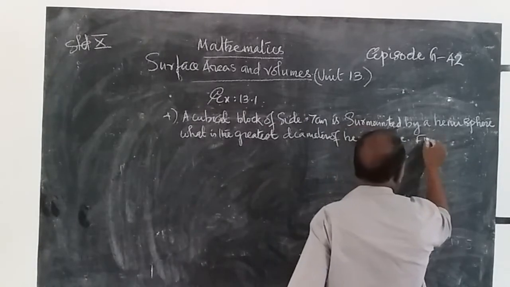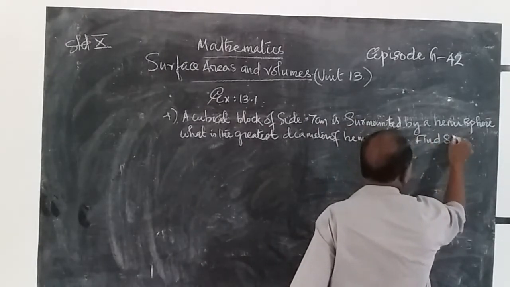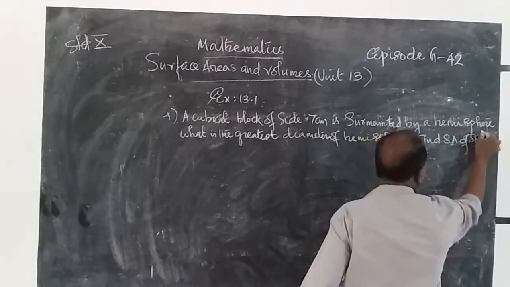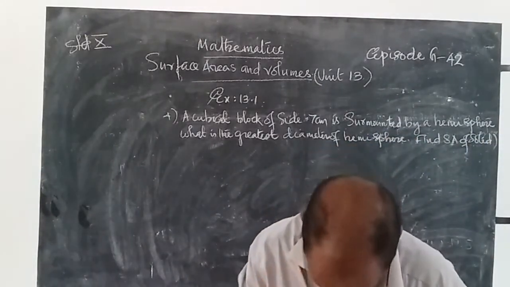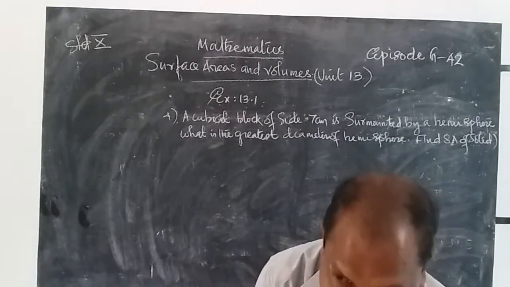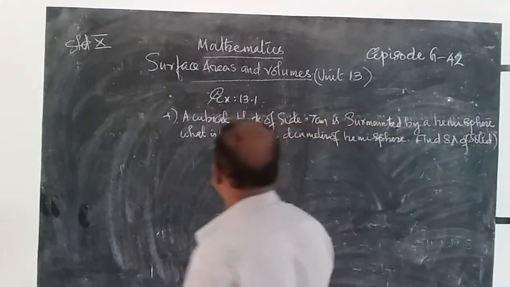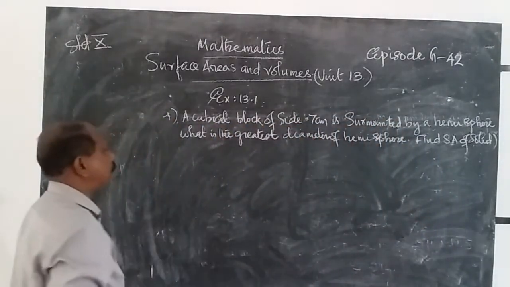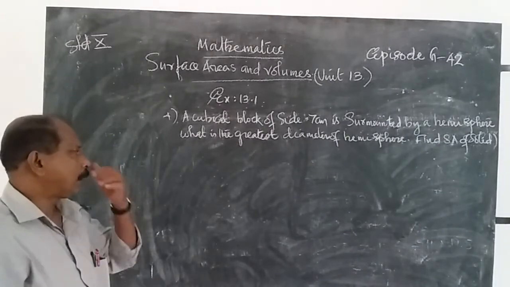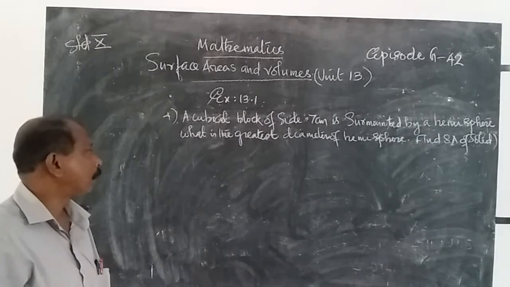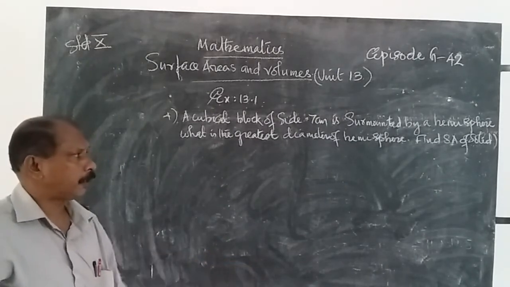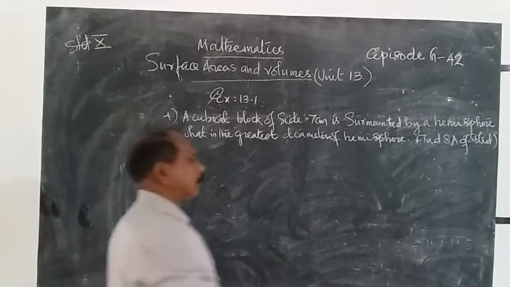Find the surface area of the solid. That is the question. This is also an important question. A cubical block of side, that is a cube, 7 centimeters is surmounted by a hemisphere. What is the greatest diameter of the hemisphere? Find the surface area.